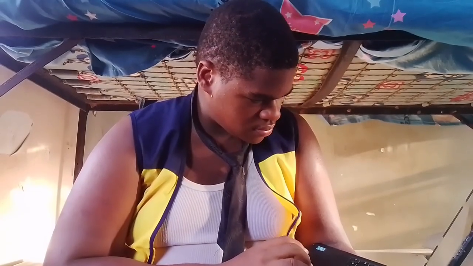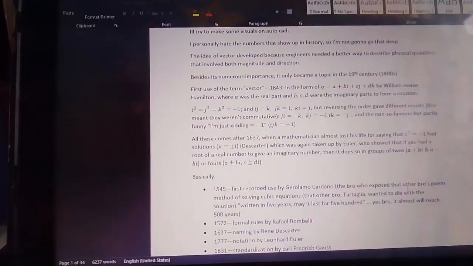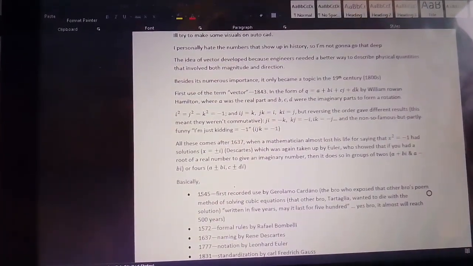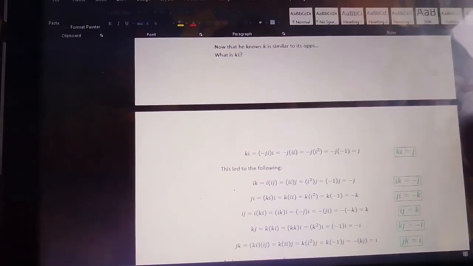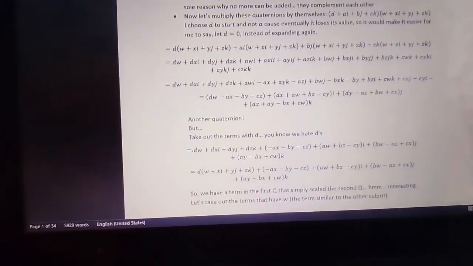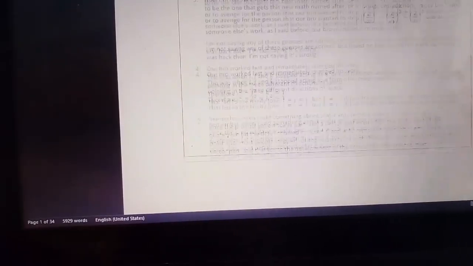Let me get it open. Okay, this is the book. Very glorious book, packed with important information on the vectors.